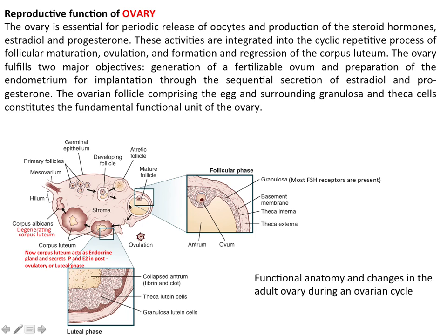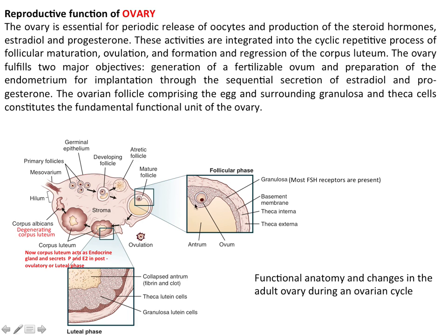The remaining part of this mature follicle is converted into the corpus luteum, and now this corpus luteum acts as an endocrine gland, and it maintains the hormone levels of progesterone and estradiol. Then this corpus luteum converts into the corpus albicans, which is the degenerating corpus luteum, and once this degenerates, menstruation or the period starts in women.